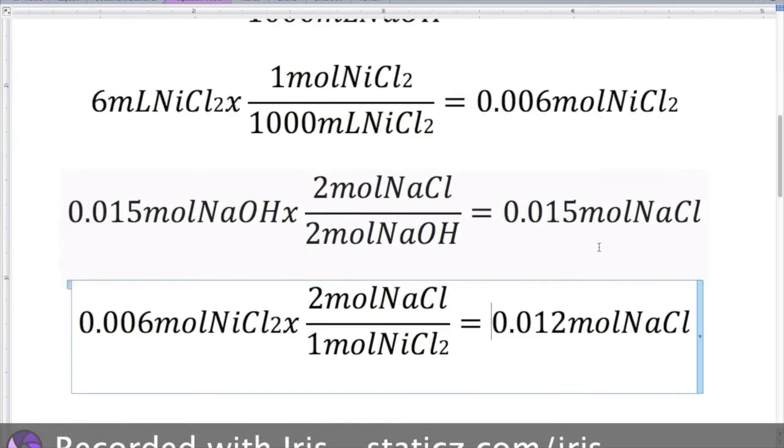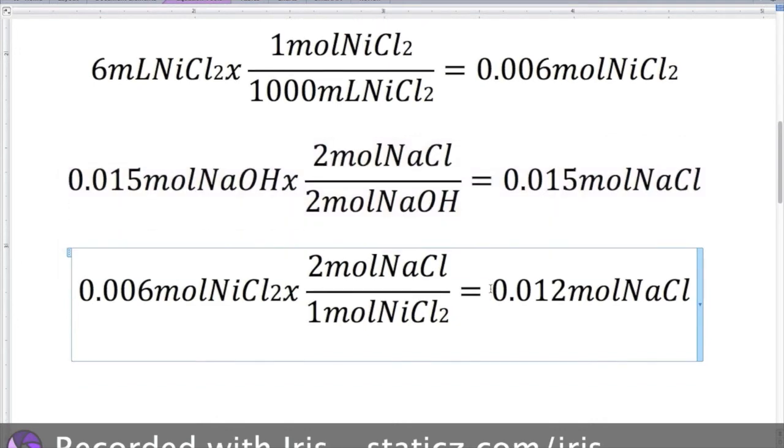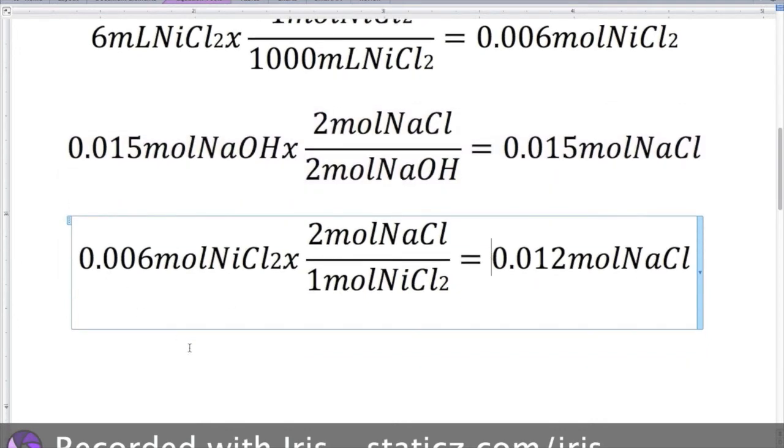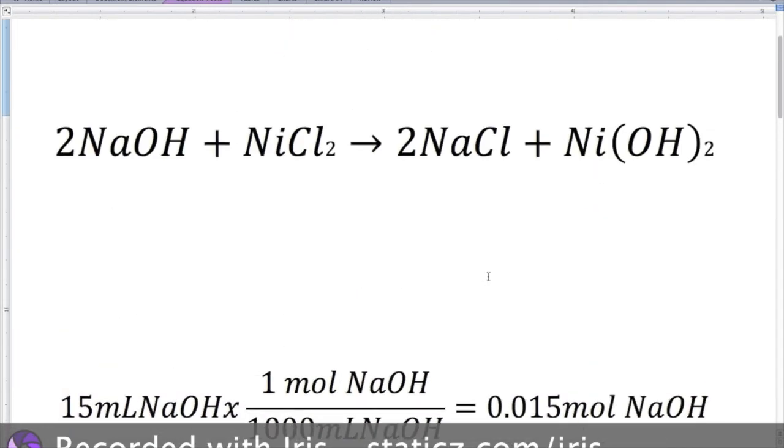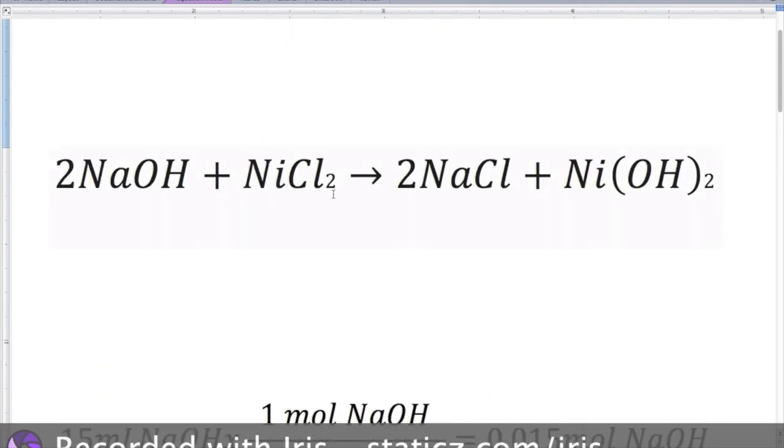Now, 0.015 moles of sodium hydroxide, you get 0.015 moles of sodium chloride. And then we did the same thing for our other reactant, nickel 2 chloride. So in 1 mole of nickel 2 chloride, you have 2 moles of sodium chloride. So if you look back at the balanced equation, all you need is 1 mole of nickel 2 chloride to make 2 moles of sodium chloride.